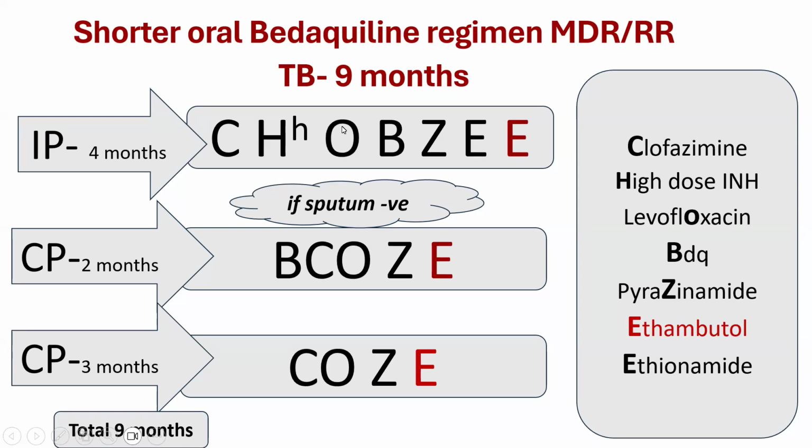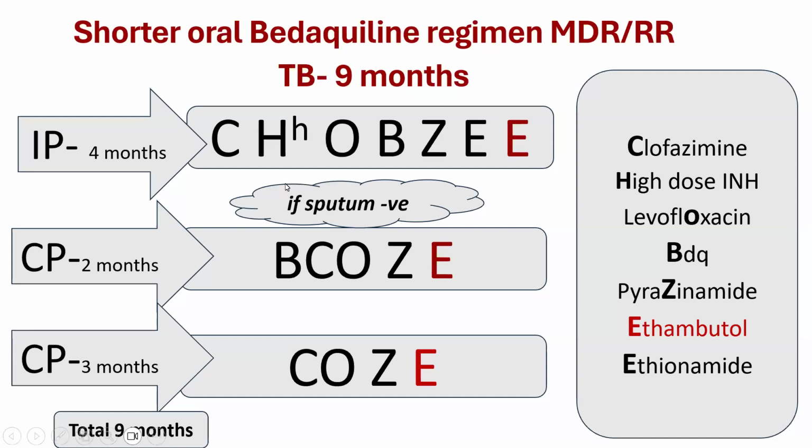Don't say ofloxacin, we are not using ofloxacin. Levofloxacin only is included in the TB regimen. B for bedaquiline. Z for pyrazinamide. First E for ethionamide, and another E for ethambutol. Okay, so this is called JOBZEEC. We are using it for 4 months. Okay, intensive phase for MDR TB.